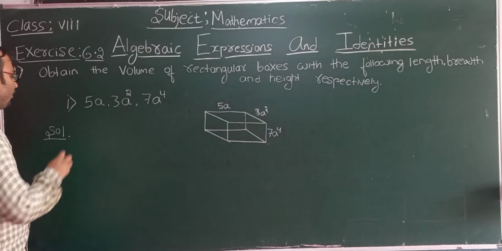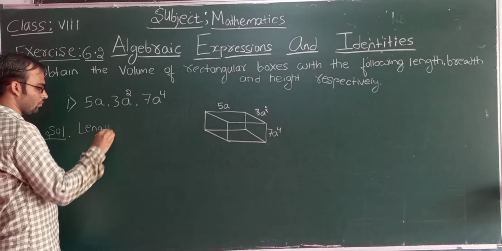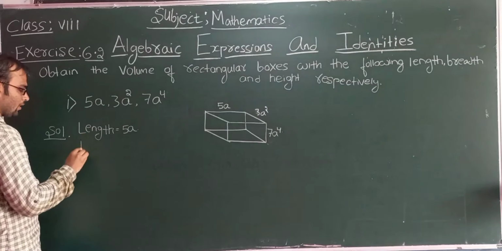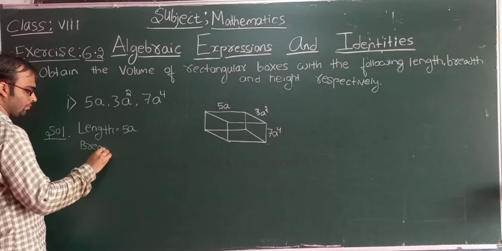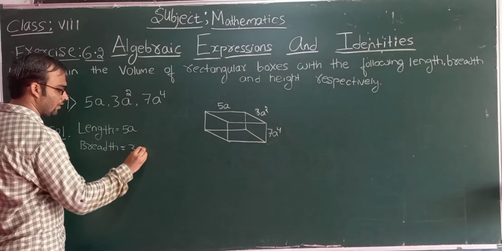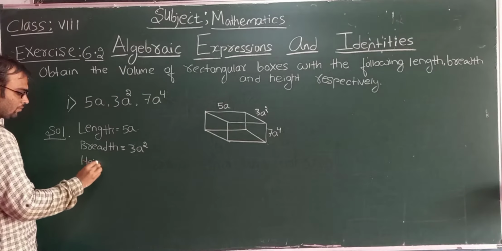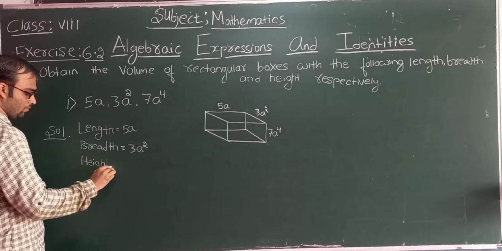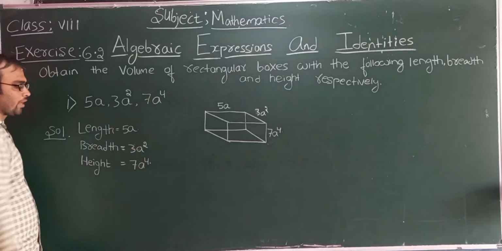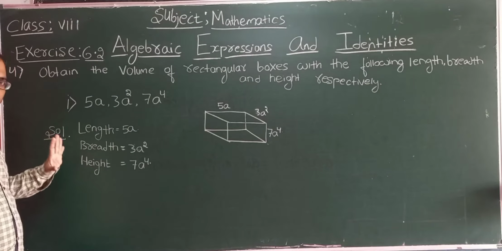Okay, so here we'll write length equals to 5a, next breadth equals to 3a square, height equals to 7a to the power 4. Okay, students, here we have written the length, breadth as well as height of the rectangular box.